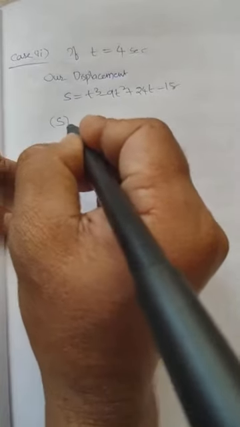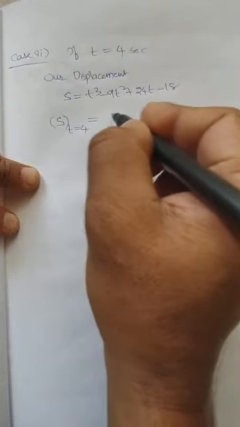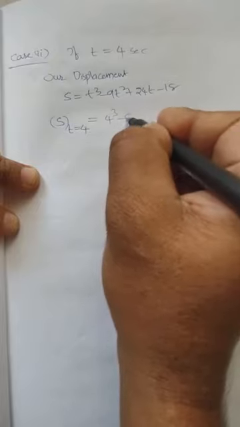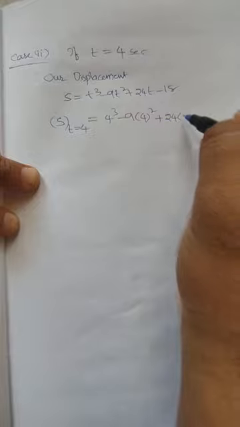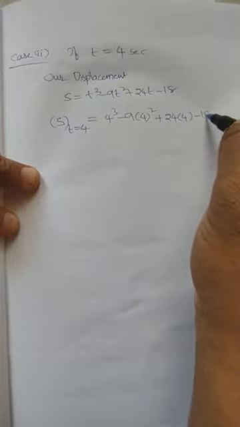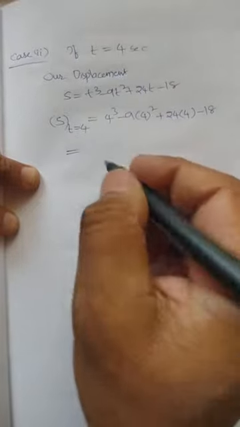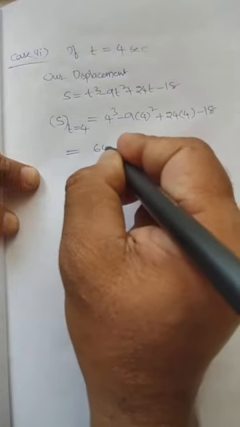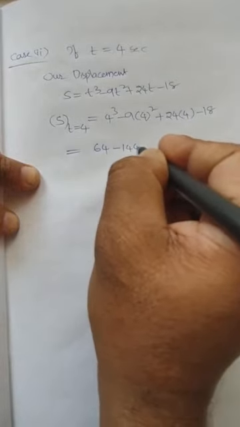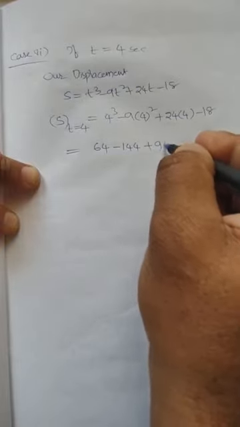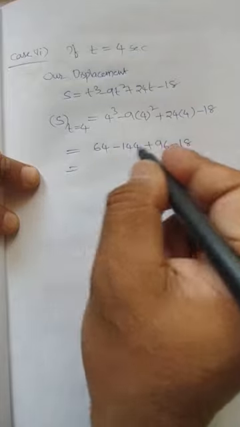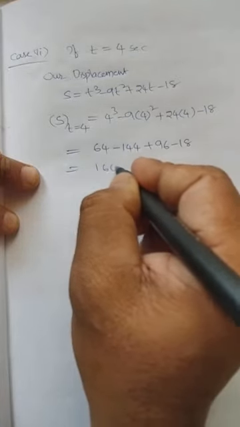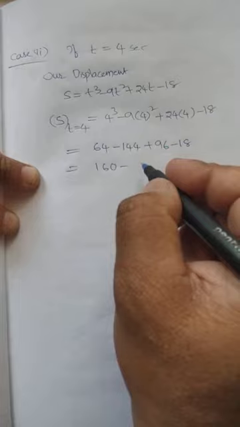So the displacement at t is equals to 4 means it is 4 cube minus 9 into 4 square plus 24 into 4 minus 18, that is 64 minus 144 plus 96 minus 18, that is equals to, the positive values are 160 minus the negative values are 162.